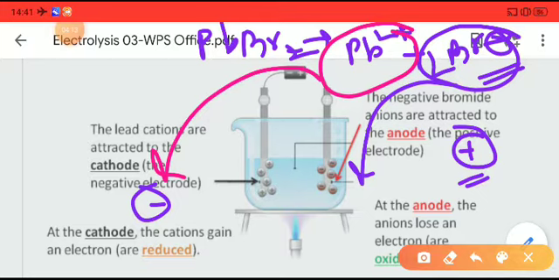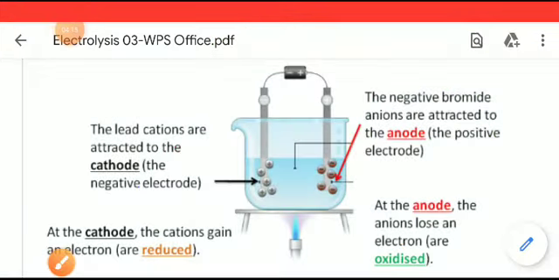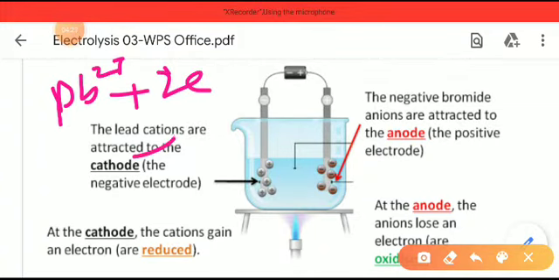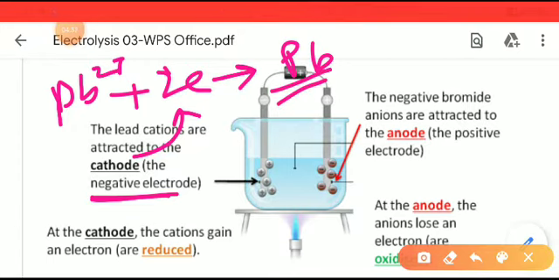What happens is this Pb2+ will get 2 electrons from the cathode. The cathode is negatively charged, which means it has more electrons, so it gives electrons to Pb2+, and Pb2+ is reduced and becomes neutral Pb.